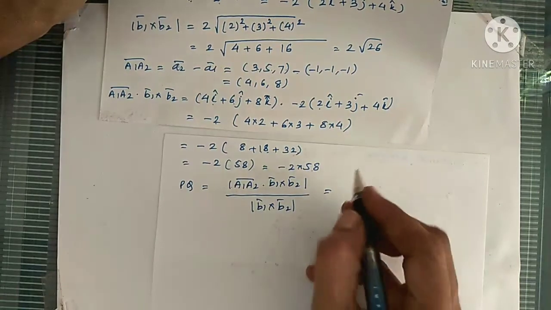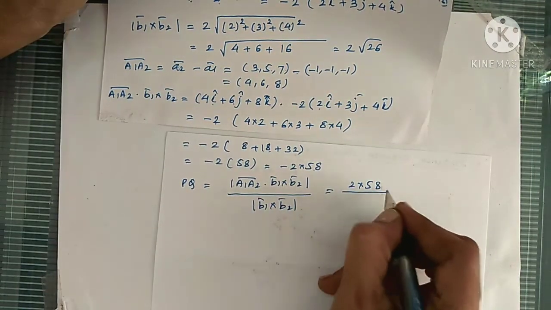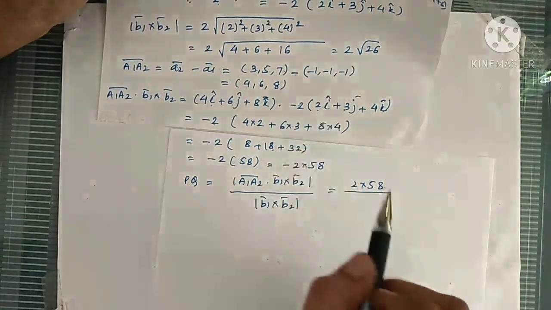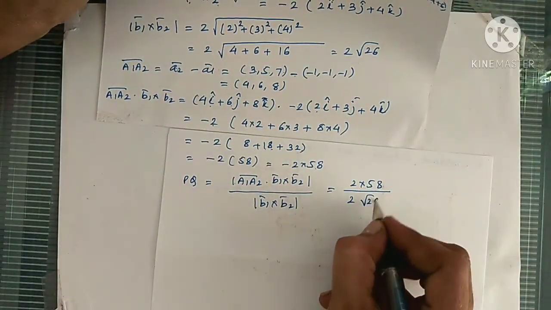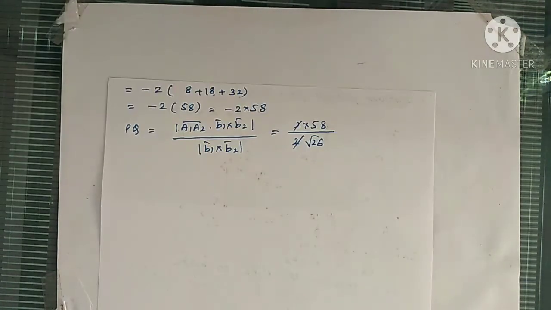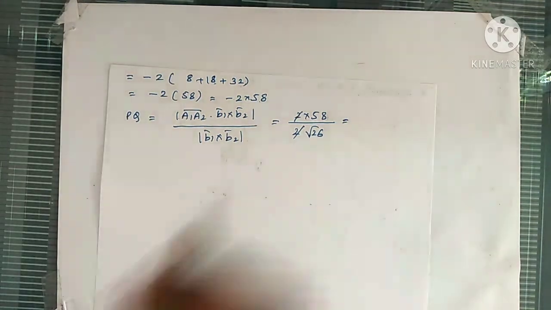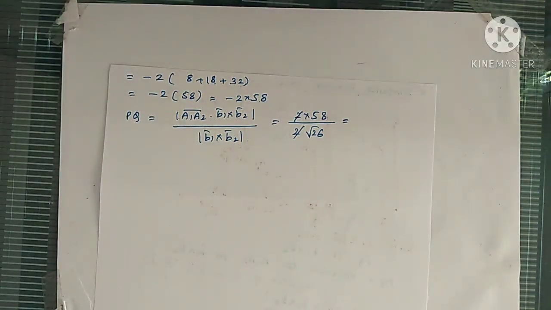Now for the first modulus we have to take a positive sign here, and the modulus of b1 bar cross b2 bar is 2 root 26. This 2 gets cancelled, so that's why I have written it like that. Now 58 by root 26.